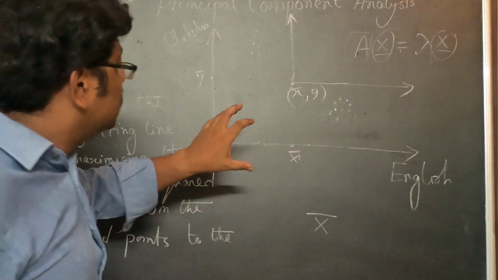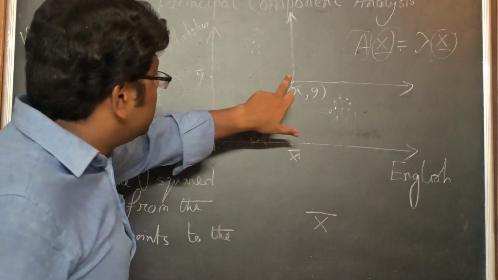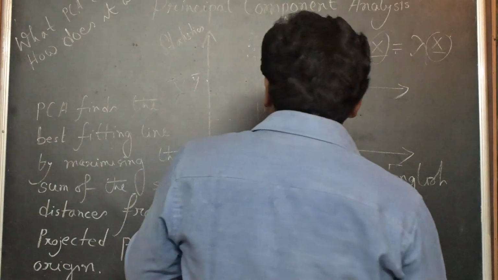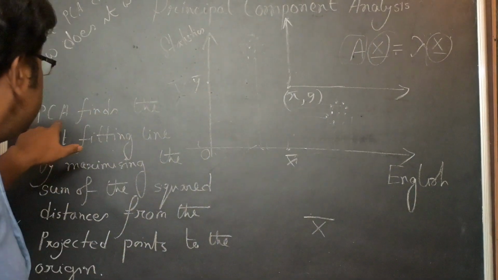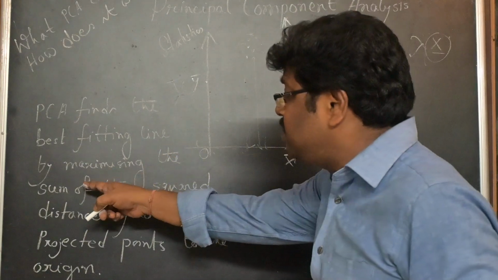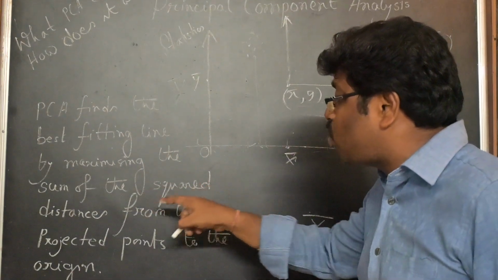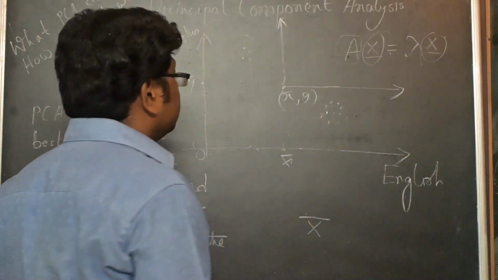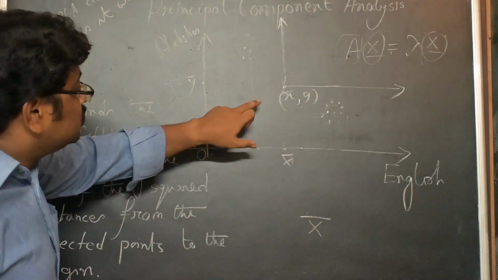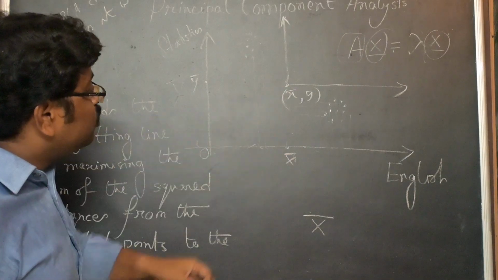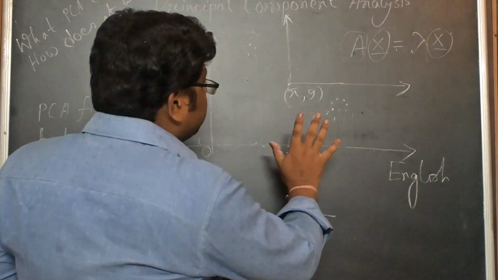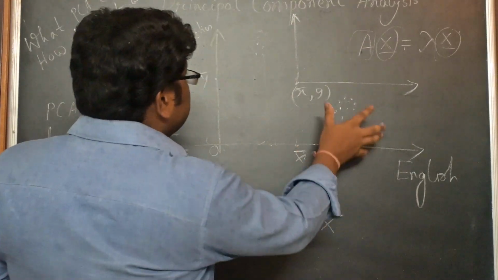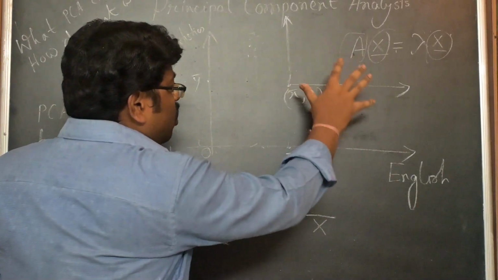Now, one thing I have mentioned is that PCA finds the best fitting line by maximizing the sum of the squared distances from the projected points to the origin. Suppose you consider one point for better understanding, because here we have all the points.